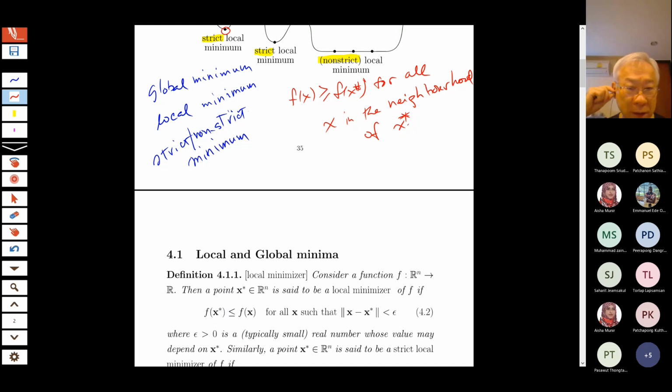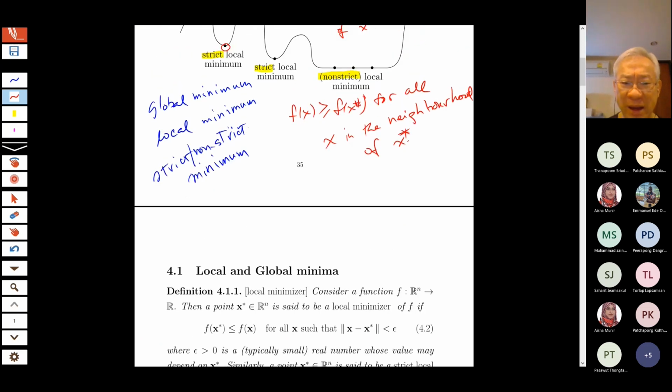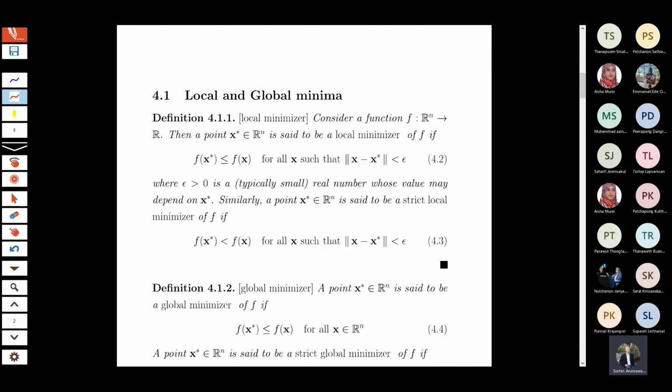Now we look at the formal definition of local and global. Here we consider a real function f of n variables.